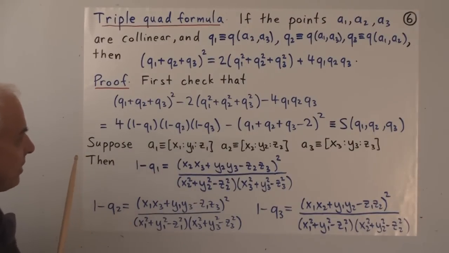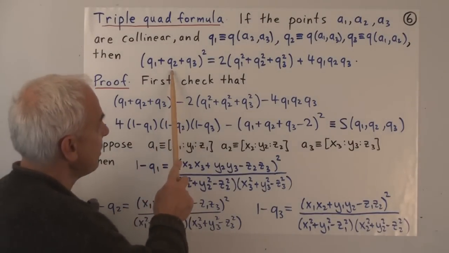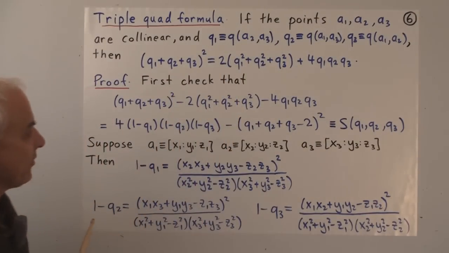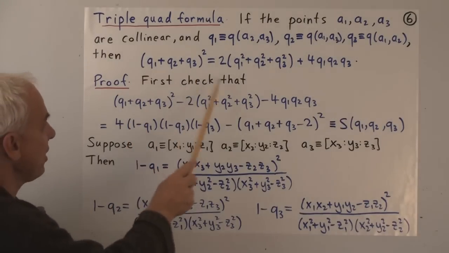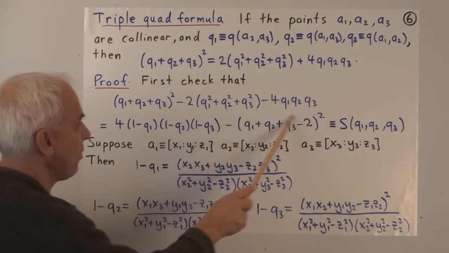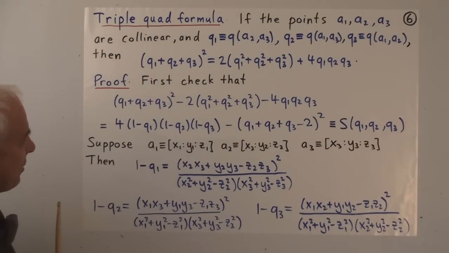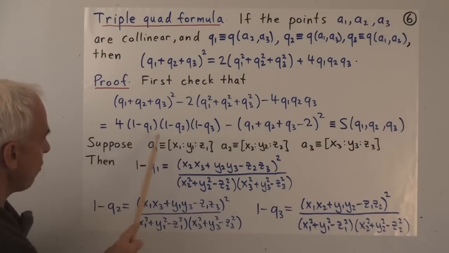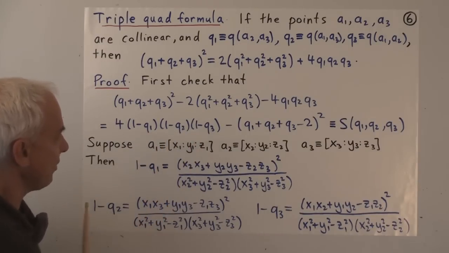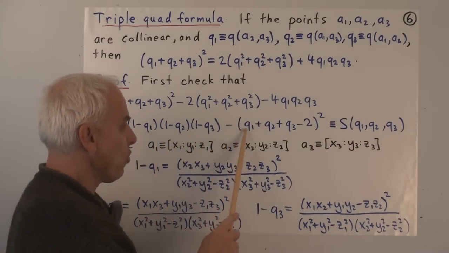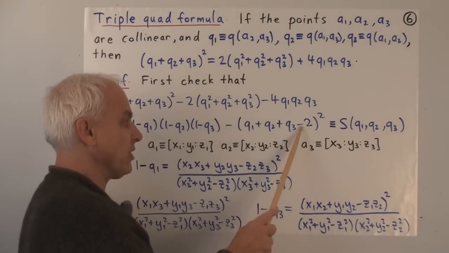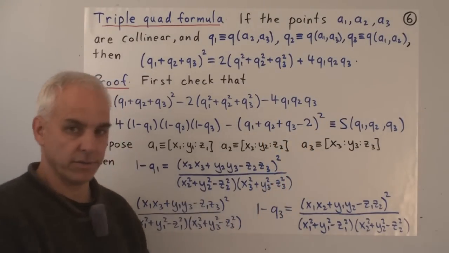First, we're going to check that the difference between the left and right hand side here, that whole thing there, can be rewritten in a convenient way. And it's kind of interesting. It's 4 times (1 minus Q1), (1 minus Q2), (1 minus Q3), minus (Q1 plus Q2 plus Q3 minus 2), all squared.